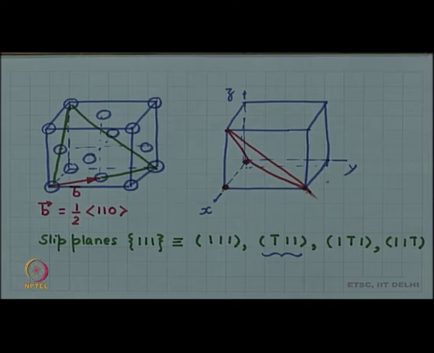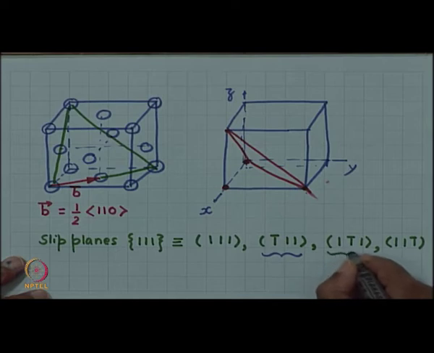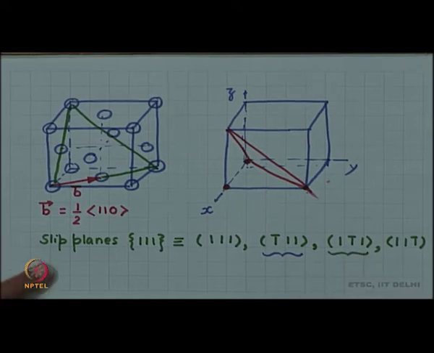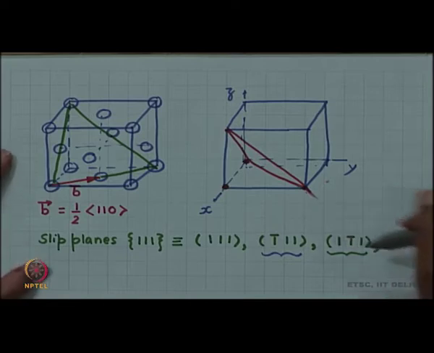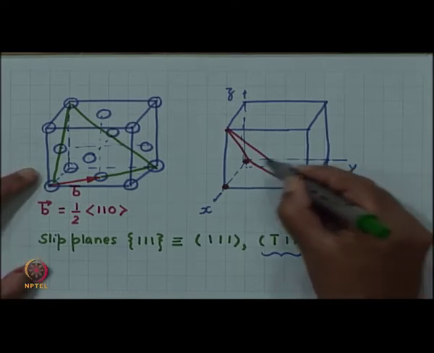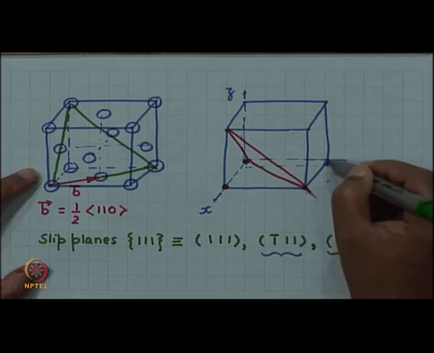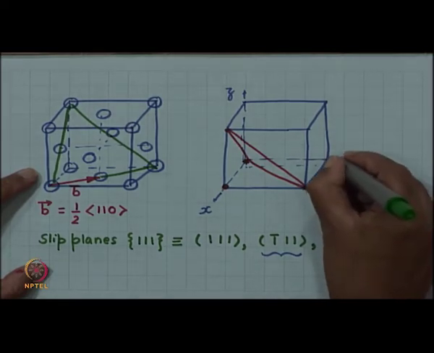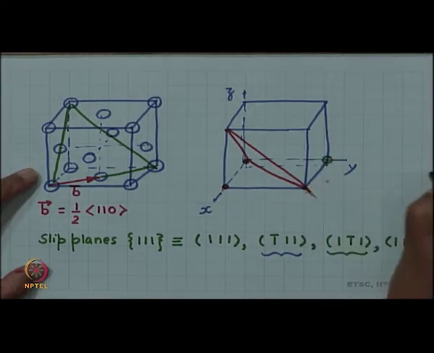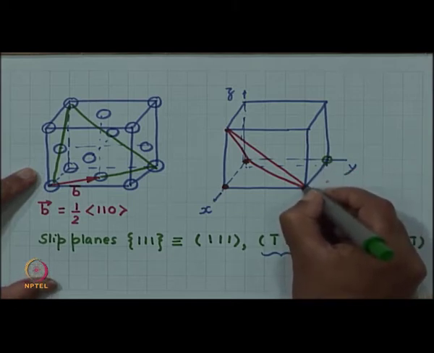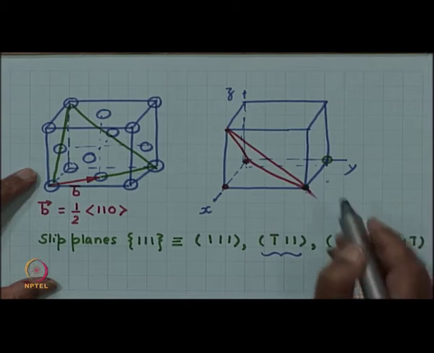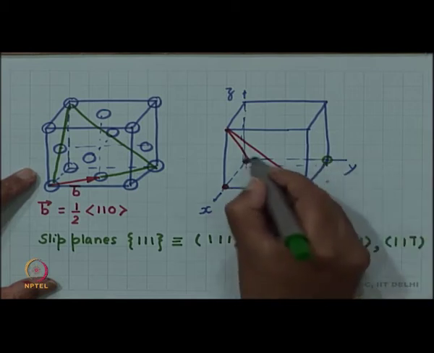Now, let me draw another plane which is 1 bar 1 1. So, for 1 bar 1 1 I need to go negative in the y, but positive in x and z. So, this will be a suitable choice of origin for that. So, I go 1 on the x axis. So, there is one point there, minus 1 on y axis.